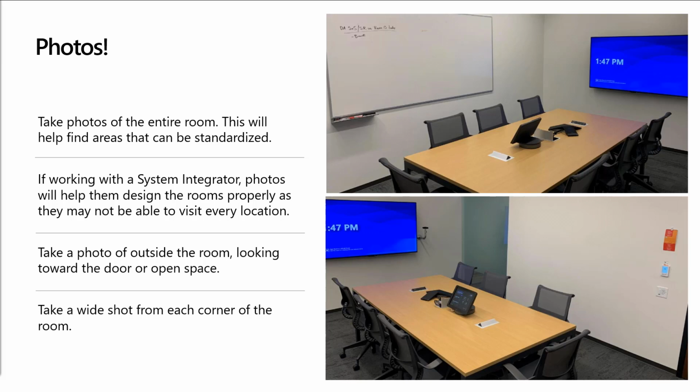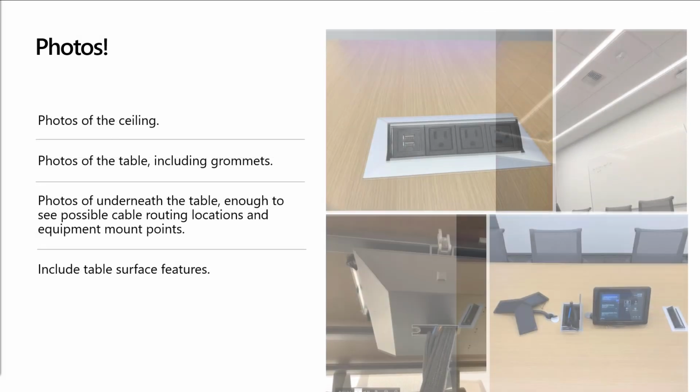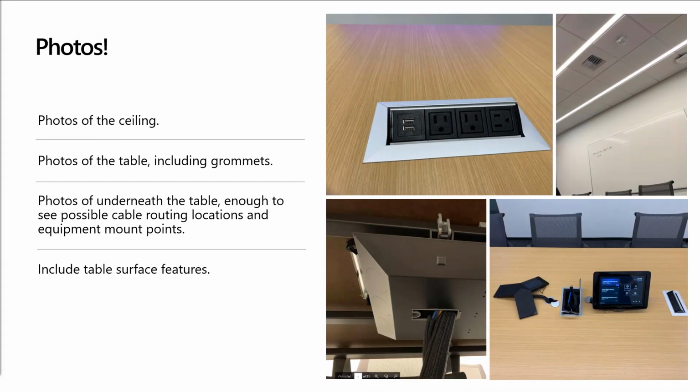You may not be able to visit every meeting room that you're going to outfit with Teams rooms. As such, make sure a coworker or vendor takes all the available photos that they can of that room, showing everything. And by everything, we mean everything. Under the table, on top of the table, a look at the ceiling.